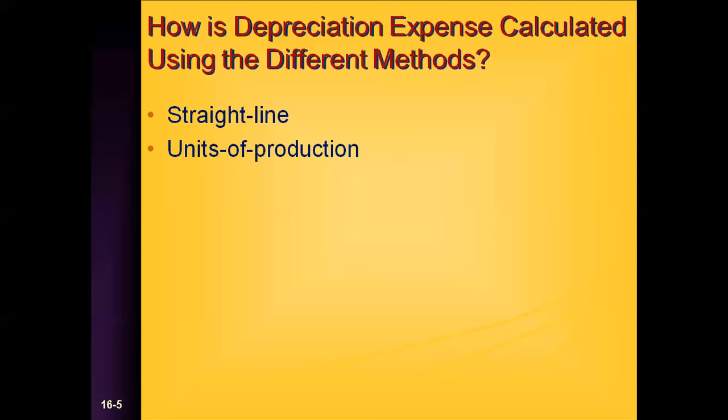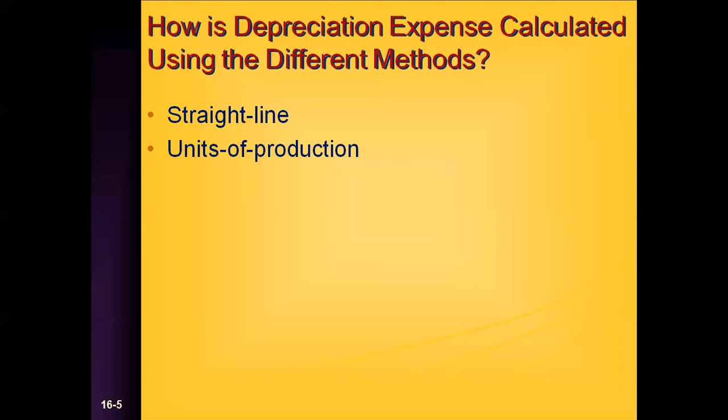So let's talk about the various types of depreciation. First of all is straight line depreciation, and as you know, this is a very straightforward calculation. You take the cost of the item as defined in the previous slides, you subtract the salvage value, and you divide that by the useful life, typically number of years, and that will give you your annual depreciation expense.